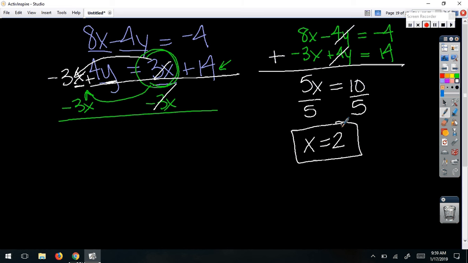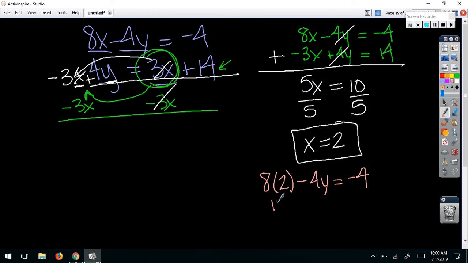Pick an equation. It doesn't matter which equation you use. Yep, you'll get the same answer. First one. 8 times 2 minus 4y equals -4. Go ahead. 16.